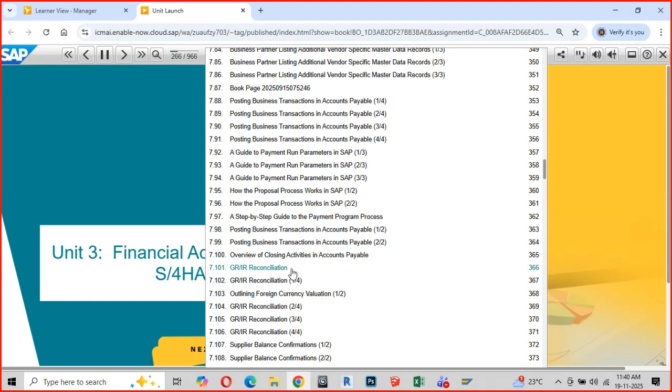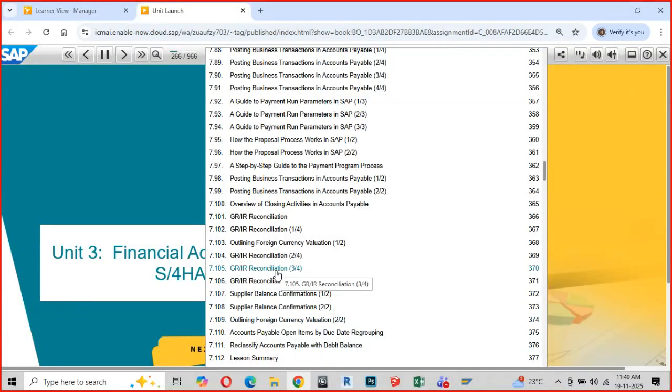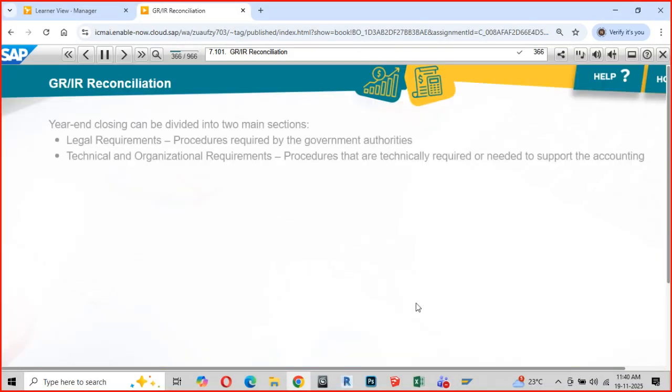So we look at probably the GRIR clearing or the reconciliation. Let us read what it is. Let me just check if you have any questions.